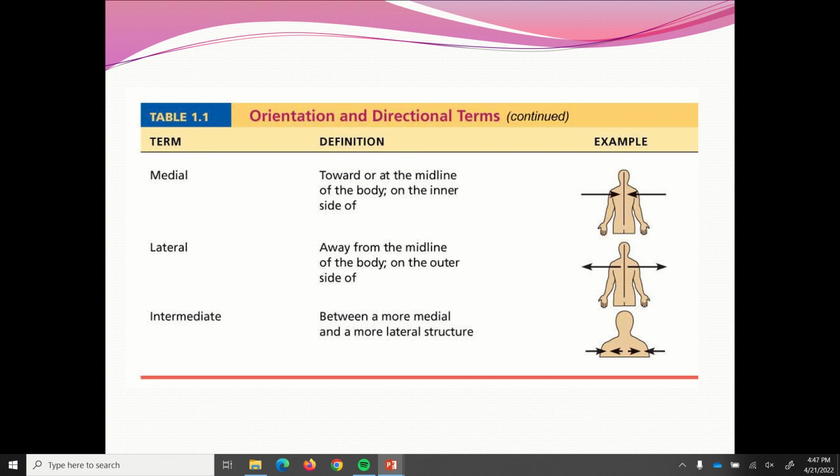It's on the outside. Intermediate is between a more medial and a more lateral structure. You'll have a lateral, and you'll have a medial, and then you'll have an intermediate. We'll see this with the muscles and the bones.